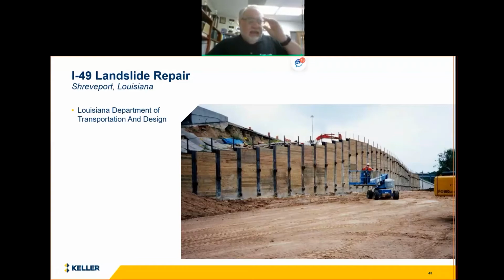So decades after it had been in service, because the water sat there without draining away, it softened the clay on the surface, and this wall slid about 25 feet, actually sliding across the property line into a private property. An incredible project. We came in with a soldier pile and treated wood lagging system, and were able to stop that wall in its tracks and repair it. It was backfilled behind, and it was along Interstate 49.